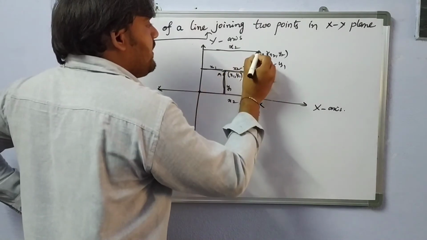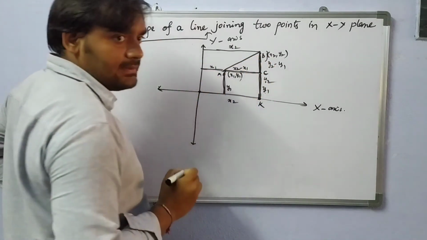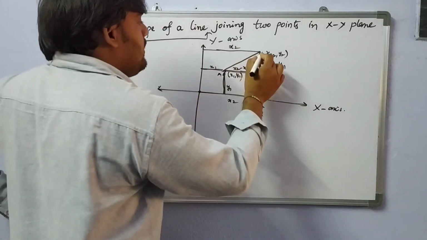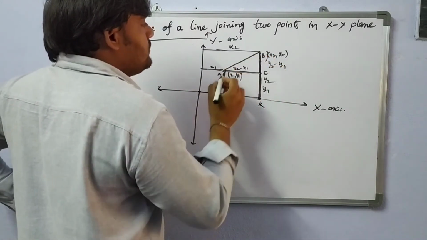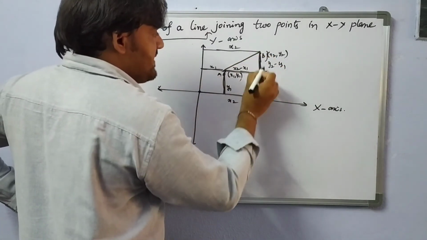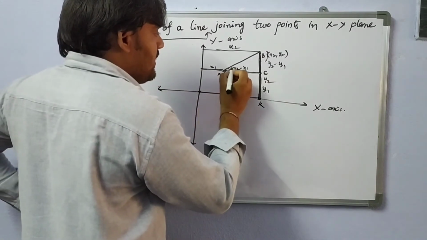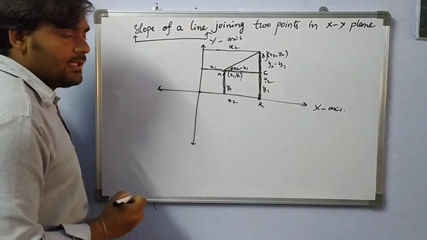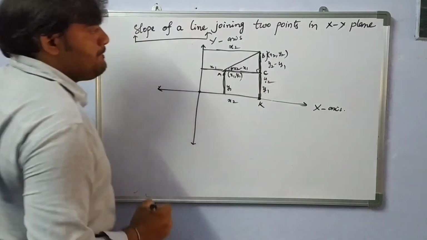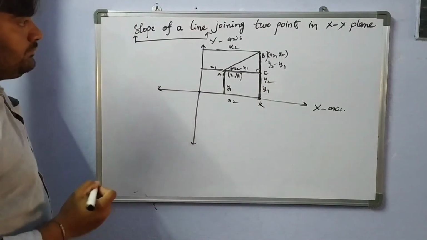Next, join A and B like this. If you join B and A, we will get a triangle ABC. Take an angle theta. Here we will get 90 degrees.